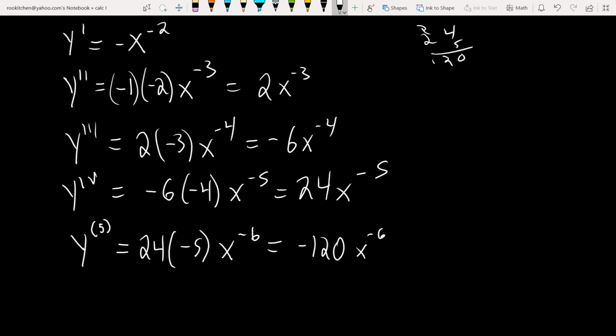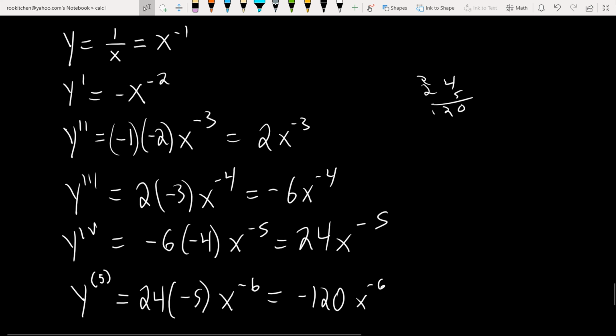Later on, they're going to have you look for patterns, especially in Calc 2, because we can rewrite a lot of functions in terms of polynomials. It's easier sometimes to work with polynomial forms than to work with a trig function or something.